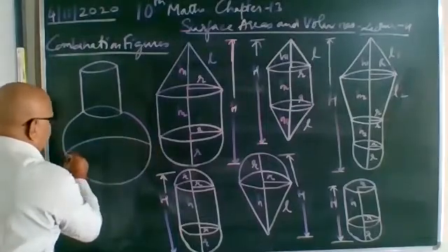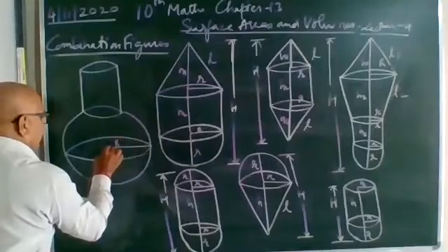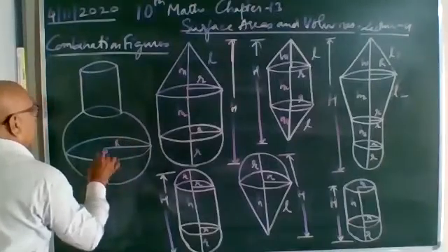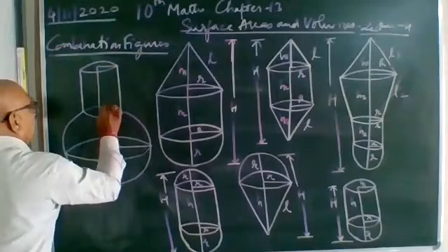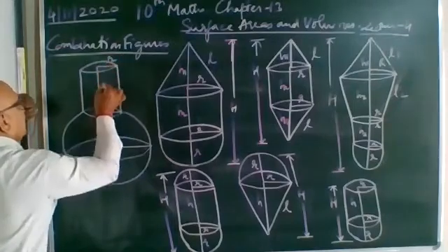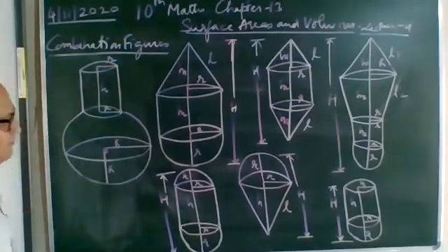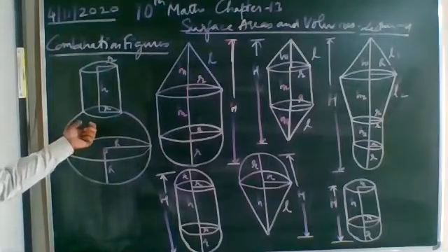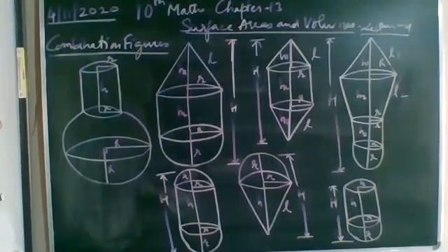So this is capital R, and this is small r, H. So this is one more figure. Volume of this spherical part plus volume of the cylindrical part. That is what you must know.